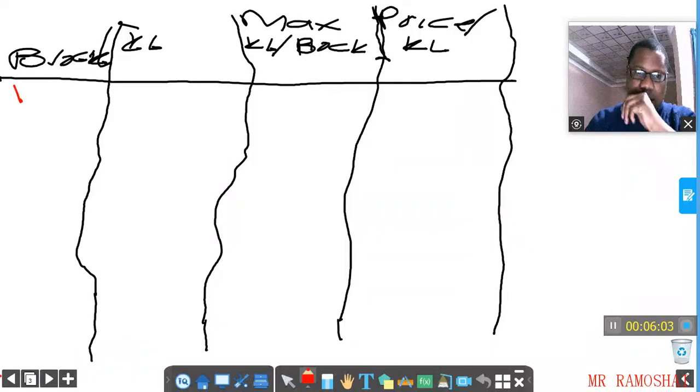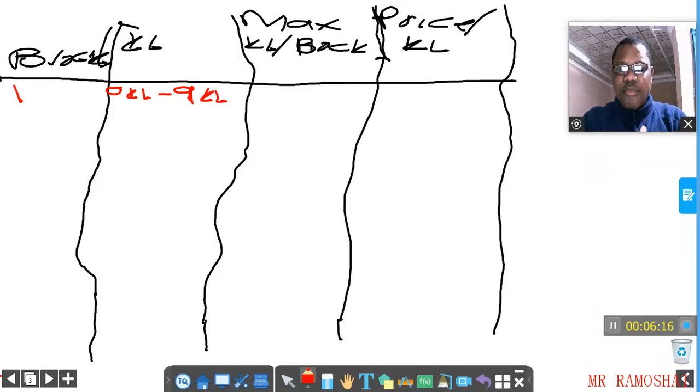It says from 0 kiloliter to 9 kiloliter. This block simply means that they are going to charge you a certain price for the kiloliters that you have used from 0 up until 9.